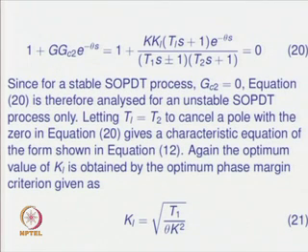Again, if you look at the denominator of the expression for y upon L(s), as I had said earlier, 1 plus G Gc2 e to the power minus theta s, this is to be stabilized when G has an unstable pole. For stabilization, a simple technique can be employed. When you write the expression in detail, it gives us 1 plus K KL times (TL s plus 1) e to the power minus theta s upon (T1 s minus 1) times (T2 s plus 1) equal to 0.